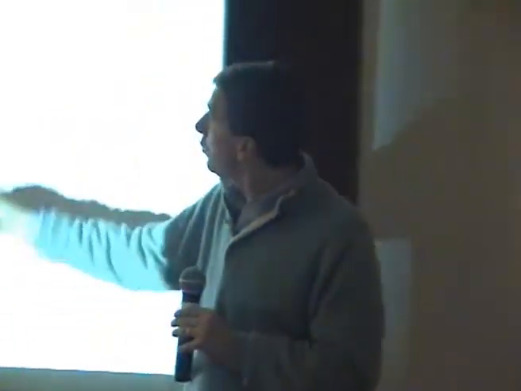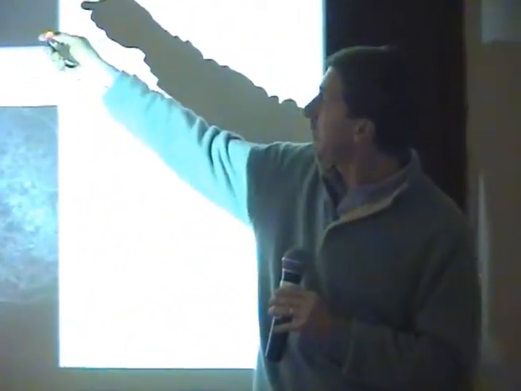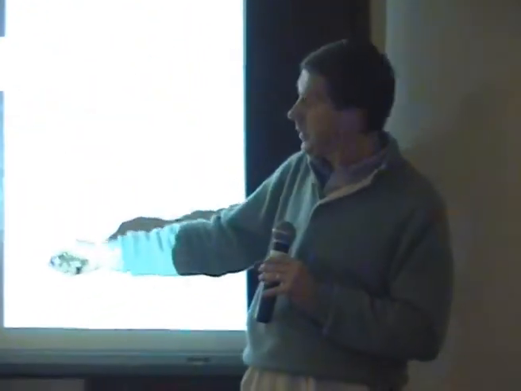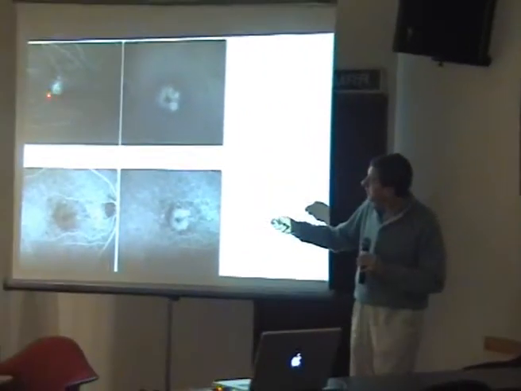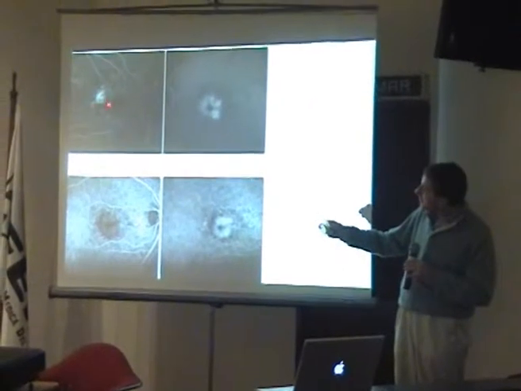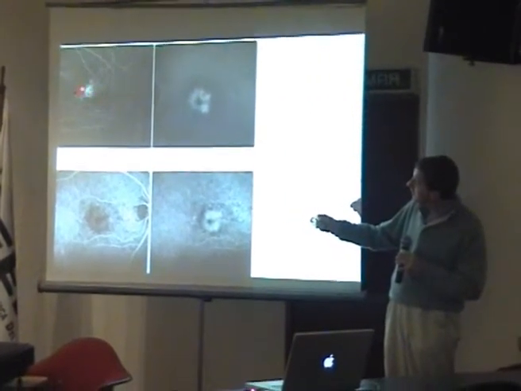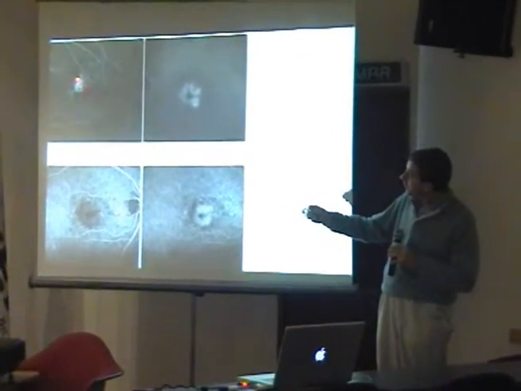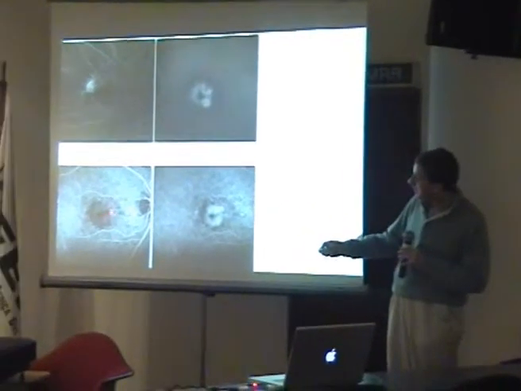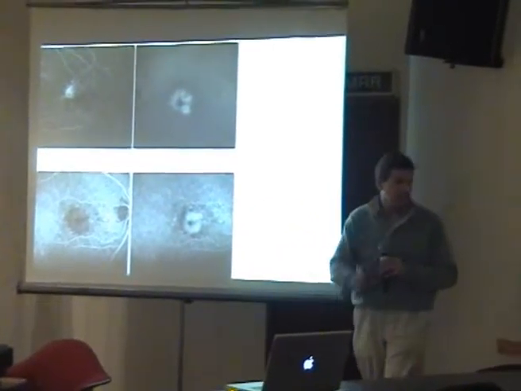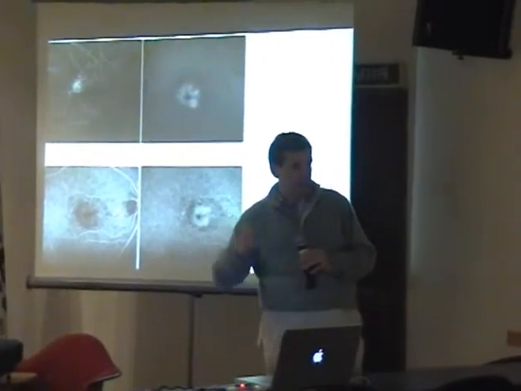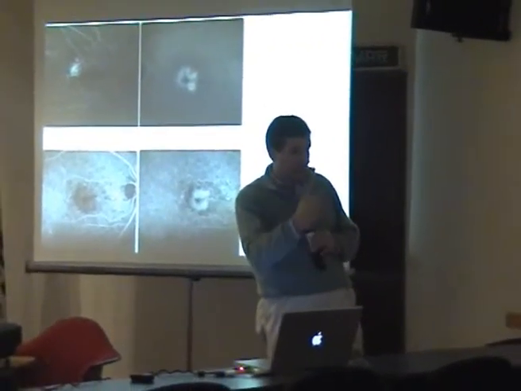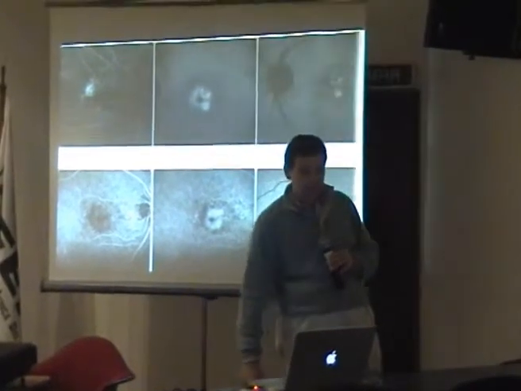Based on these two images, you can think these are leakage, and there is for sure a CNV. But if you take an image early, you see that there is an early increase of fluorescence here, and a blockage here. Now, remember that before doing an injection, it's better to take an autofluorescent image, and here are the two autofluorescent.